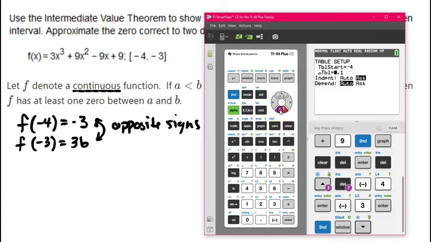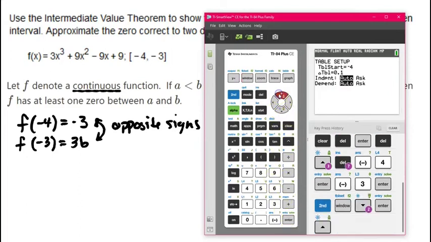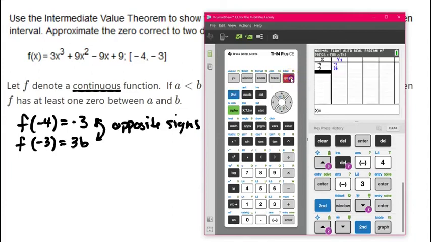So let me switch this to Auto, and I want to start my table at -4 because that's my smaller x value. And I want my change in the table values to be 0.1. So that means that it will auto increment up by 0.1. So let's take a look at what the table looks like.